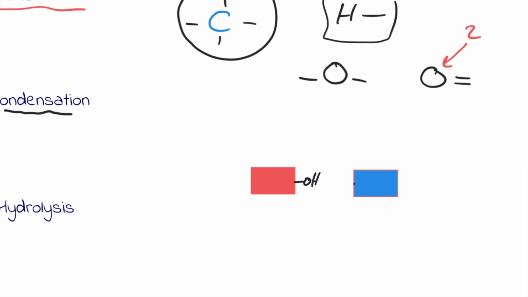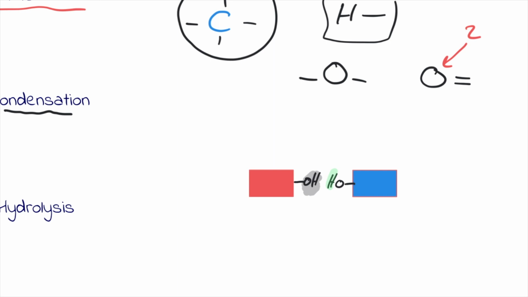Usually carbohydrates, proteins and fats all have oxygen and hydrogen. Let's say I also have oxygen, hydrogen. Now, what happens usually is that when you have OH in each one of those molecules, this helps to form a bond. So let's take the OH on the left, red molecule, and the H in the other.